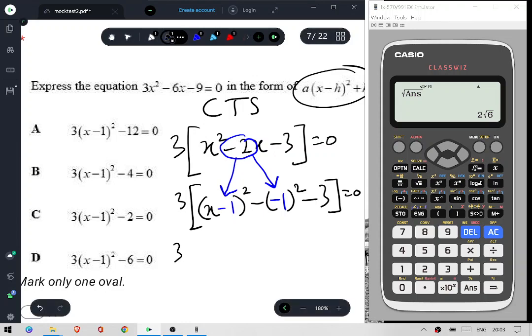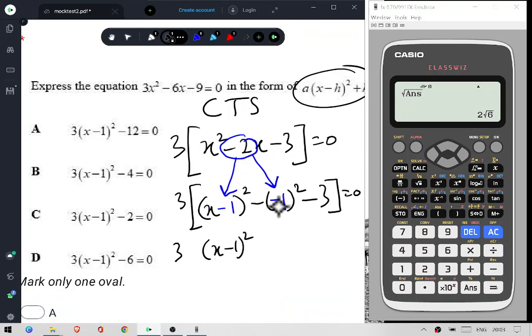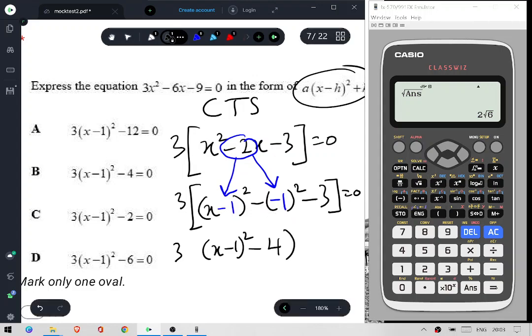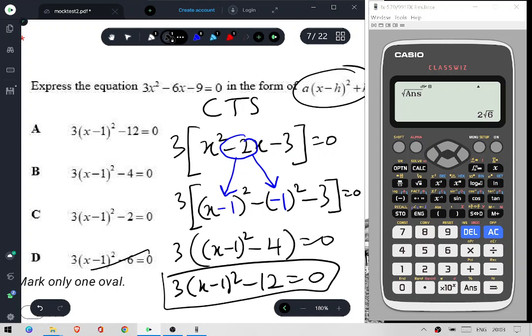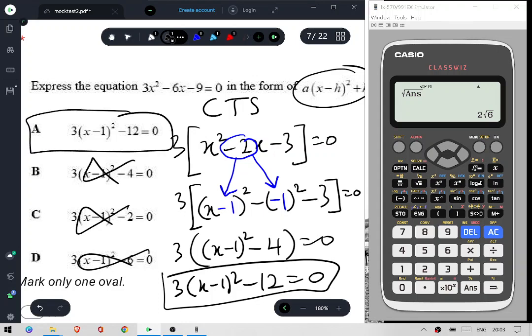So 3 outside, x minus 1, do not do anything. Minus 1 squared is 1, but there is a negative outside. So minus 1 minus 3 is minus 4. Put back the 3 outside: 3(x minus 1) squared minus 12. So this is the answer. Which one is this? Not this one, not this one, not this one, this one. So the answer is A.